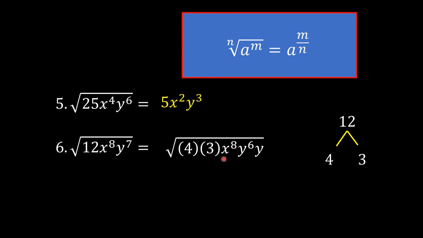Write x raised to the exponent of 4 outside the radical sign. 6 divided by 2 is 3. Write y cubed outside the radical sign and then leave y under the radical sign. So our answer is 2x raised to the exponent of 4 y cubed square root of 3y.